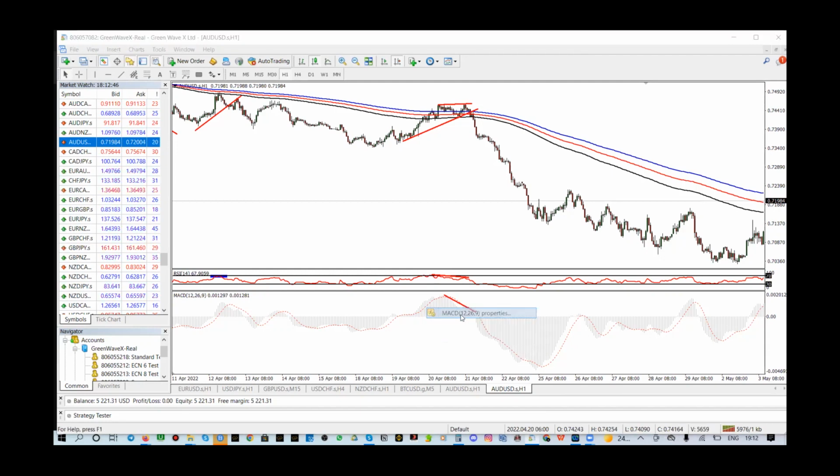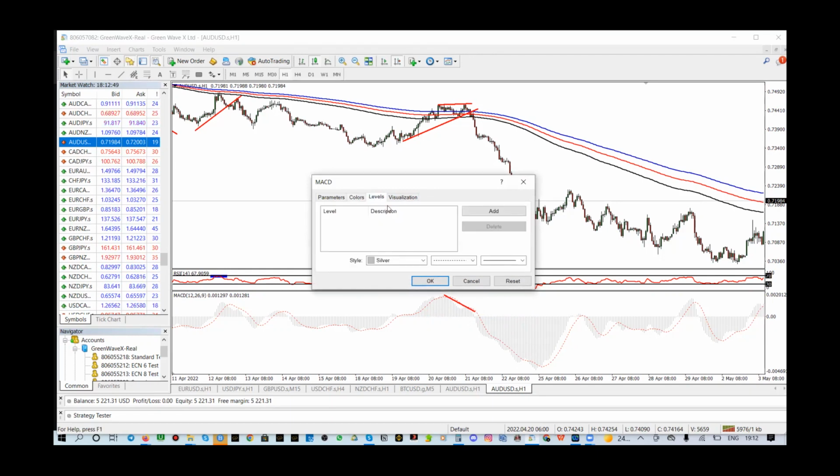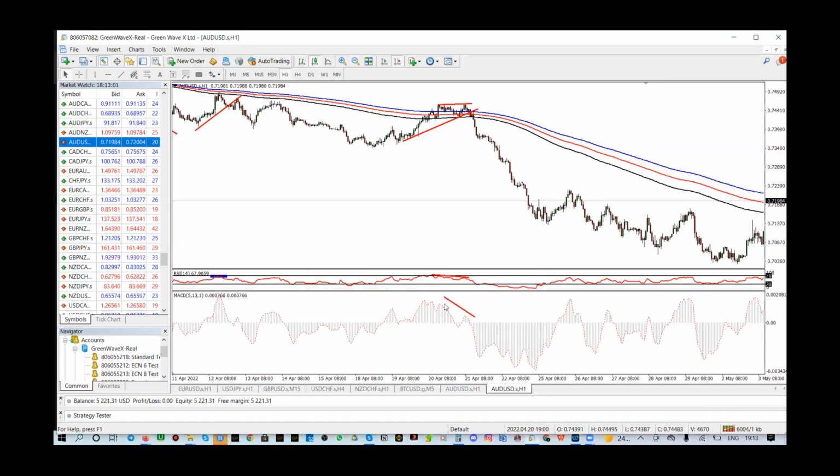There's a particular setting I like using for this. I think it's 5-13-1 or something. Let me see. Okay, that's 5-13-1. It's going to make the signal line and the histogram merge, unlike the other one where they're just scattered.